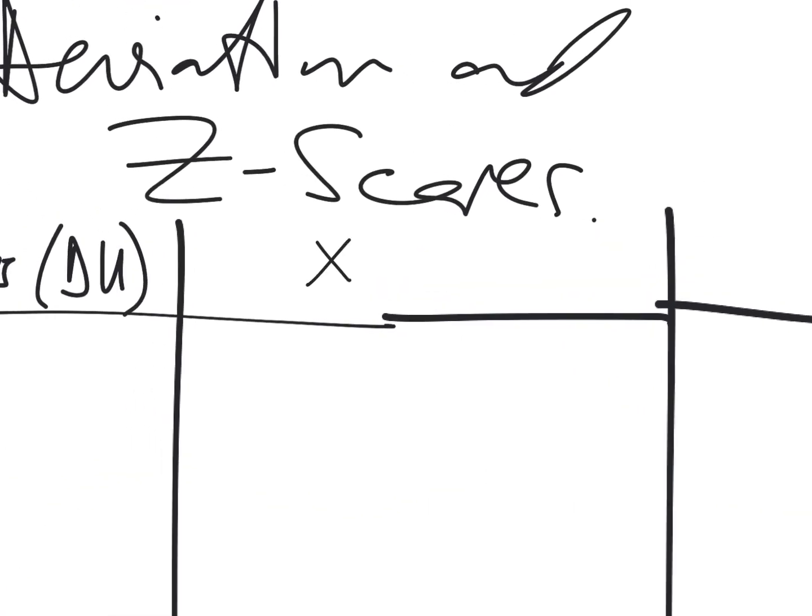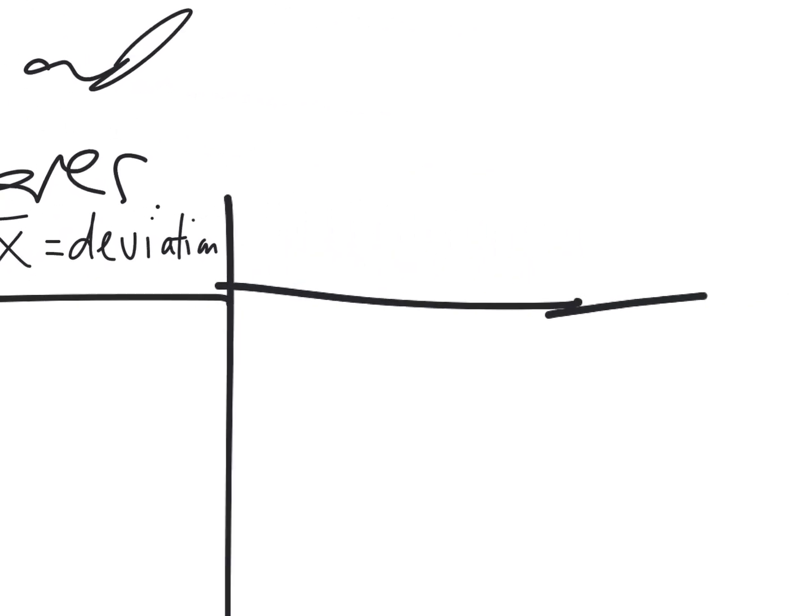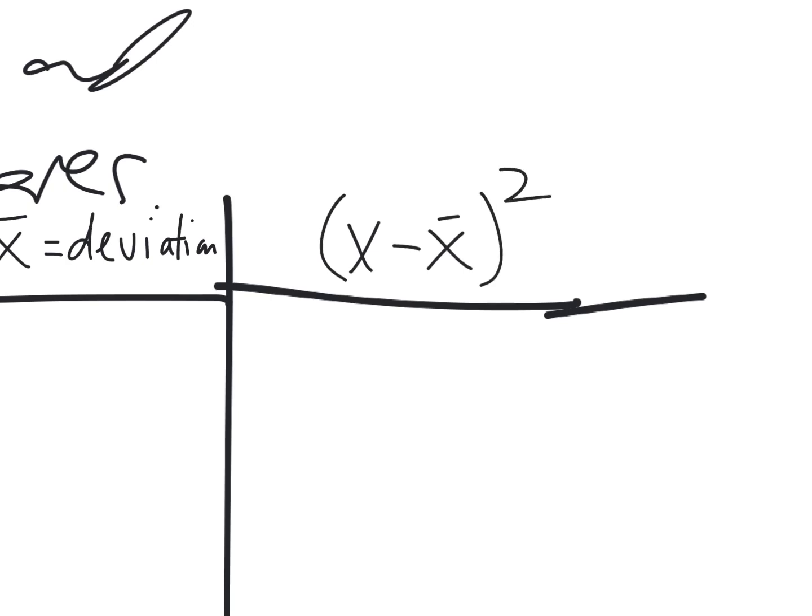You take each piece of data and you subtract the mean. That's called the deviation: how much does the data deviate from the mean? Then the next column, we're going to take that deviation and square it. So the squared deviation.